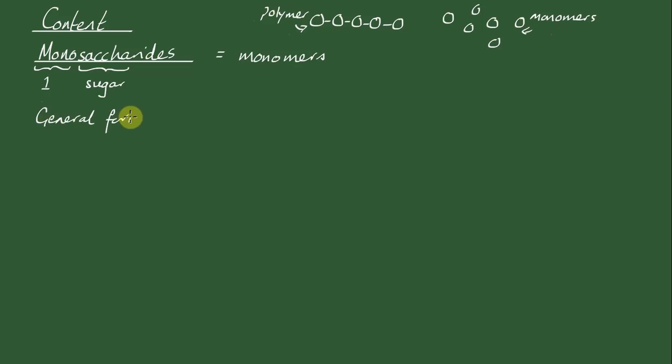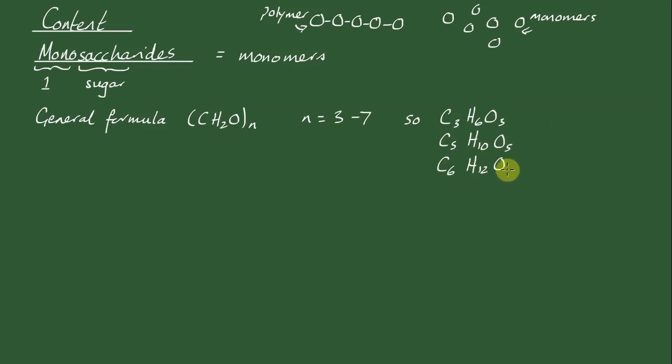The general formula for these is multiples of CH2O, (CH2O)n, where n can be between 3 and 7. And the 3 main groups that you are going to come across at A level are the triose sugars, those with 3 carbons, the pentose sugars, those with 5 carbons, and the hexose sugars with 6 carbons. An example of a 5-carbon sugar is ribose, and examples of 6-carbon sugars would be your glucose and your fructose.